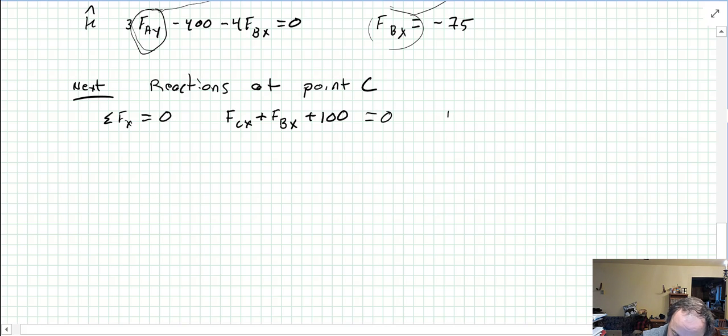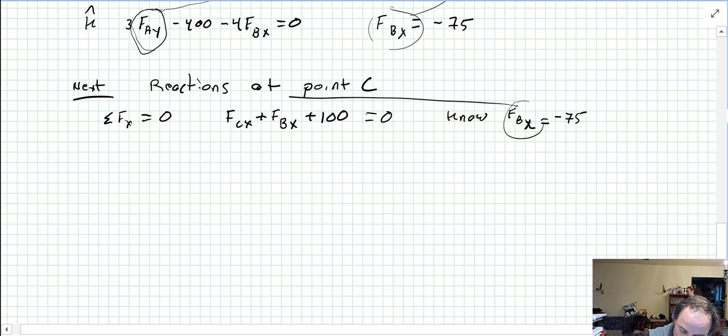But we know FBX equals minus 75. We already found that. So we can put that in here, and we get the component of force in the X direction at C equal to a minus 25.